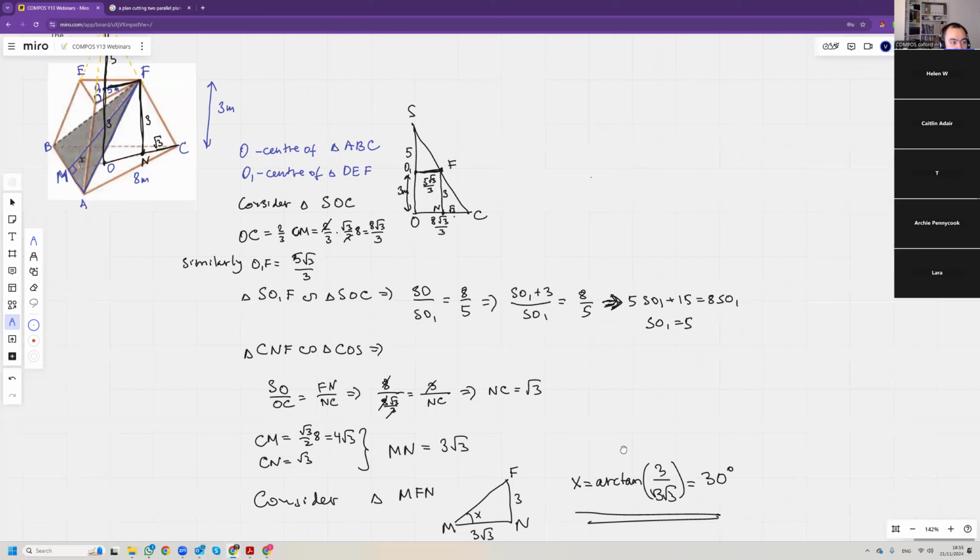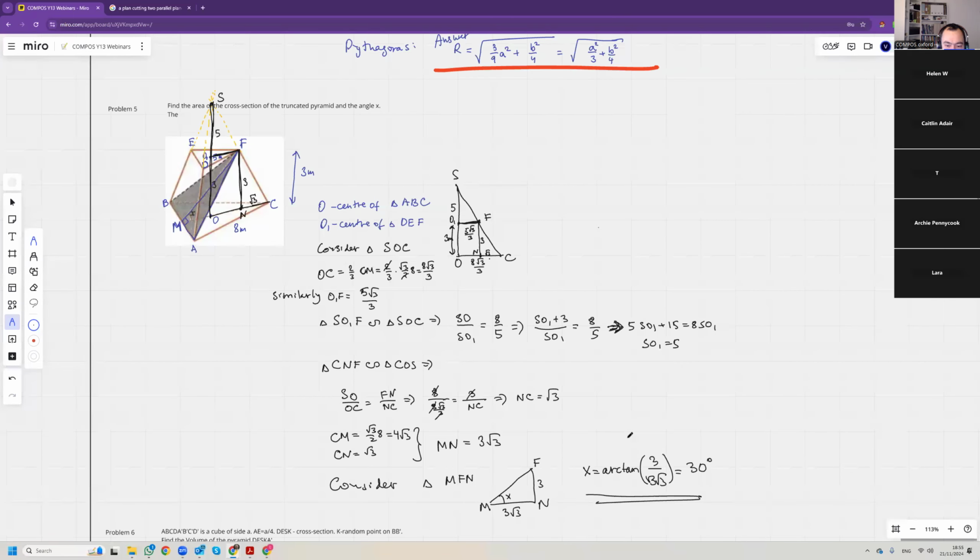And to find the area, we need MF. The area of triangle ABF, the area of the cross section, is 1/2 AB times MF. Well, we know AB is 8, but we don't know MF, but we can find MF from Pythagoras' theorem as the square root of MN squared plus NF squared.